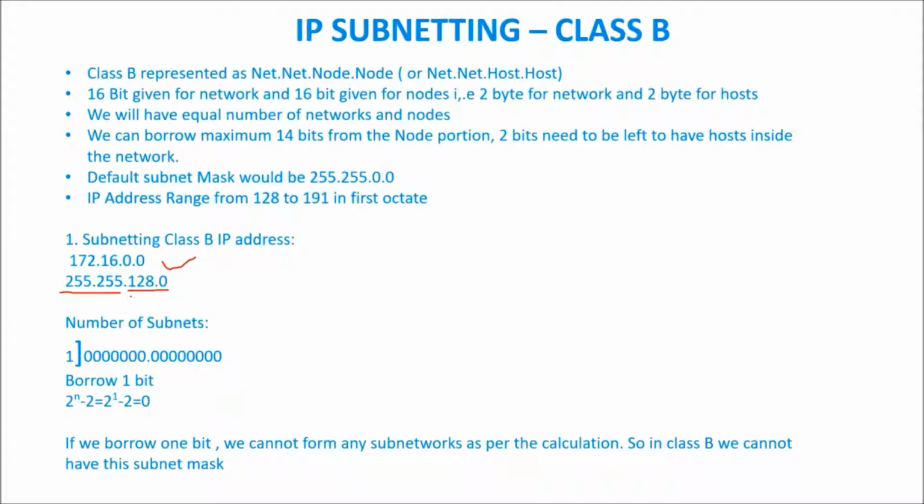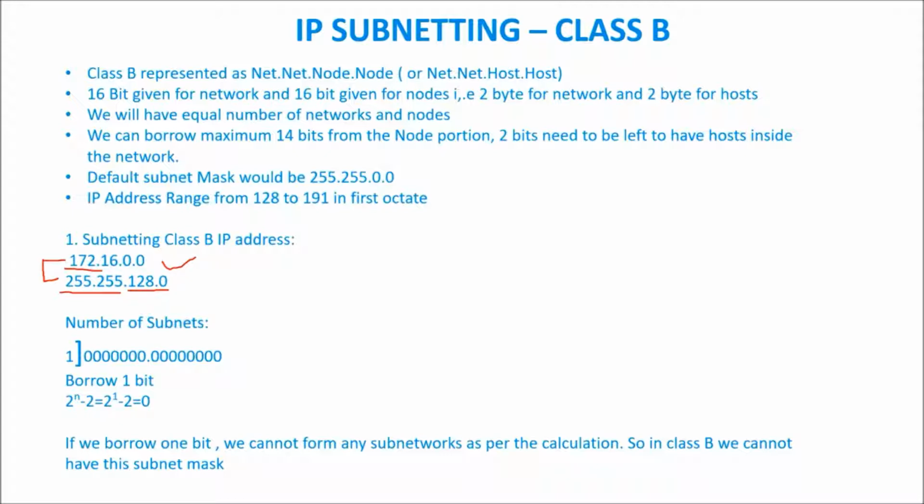At one point in time, the third segment will also be 255, once you borrow all 8 bits. But if the IP address falls under class B, we can take a combination of both IP address and subnet mask and decide which class it is. If there is any change in the default subnet mask and the number belongs to class B, then we have to say it is a subnetted class B.